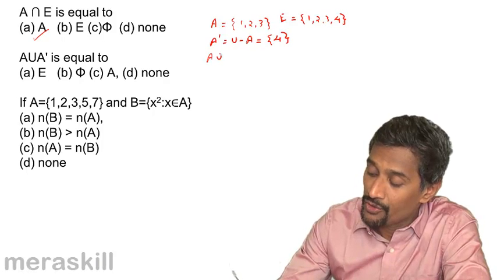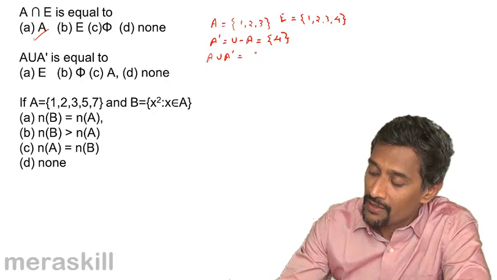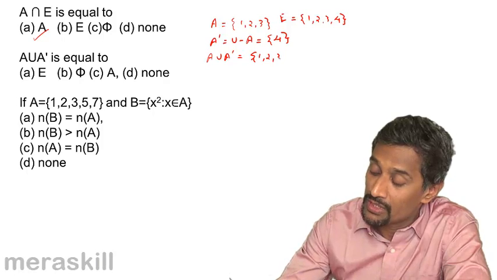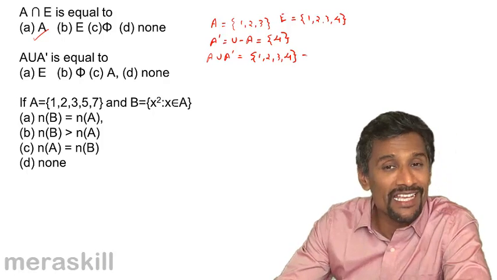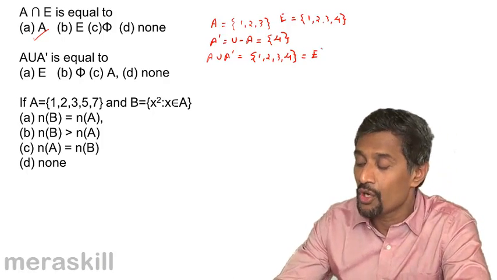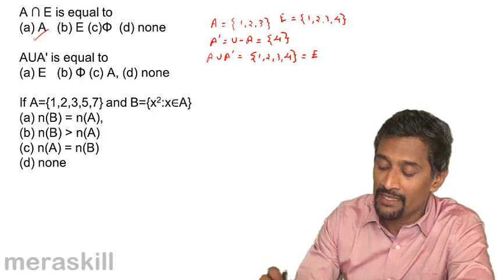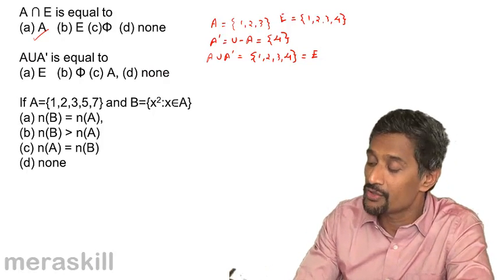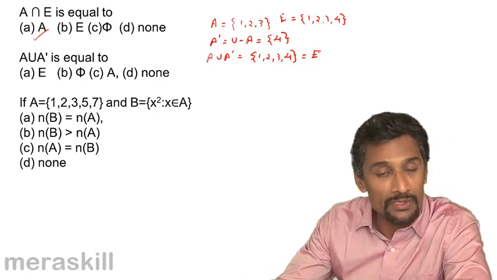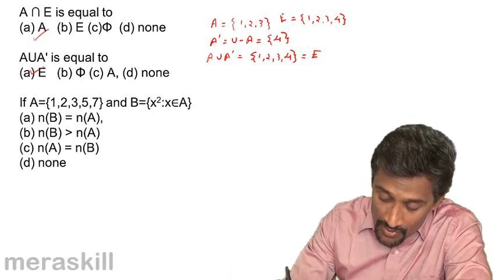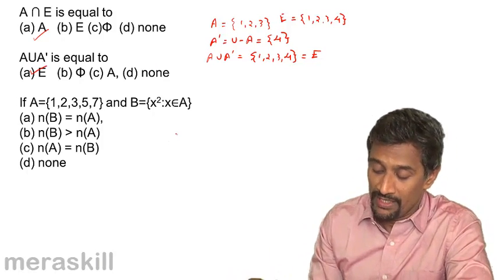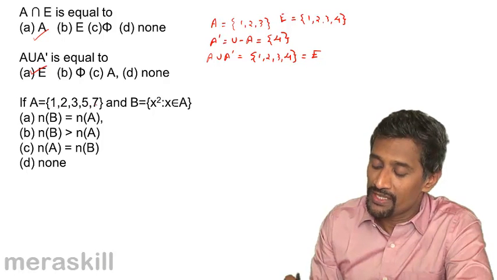So A union A dash is going to be {1, 2, 3, 4}, which is the same as E. So in short, the union of a set and its complement is always the universal set. In this case, the superset itself is the universal set, so E.